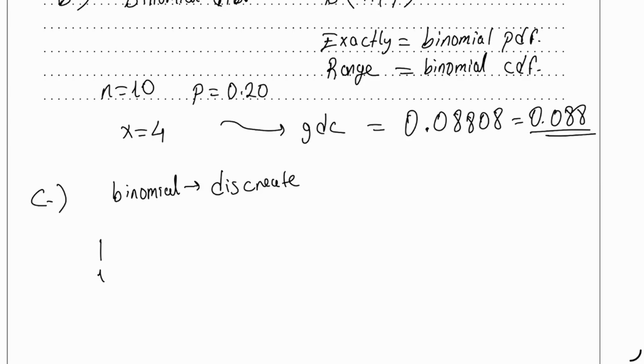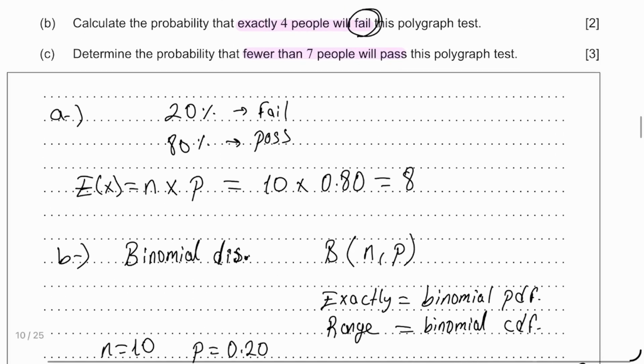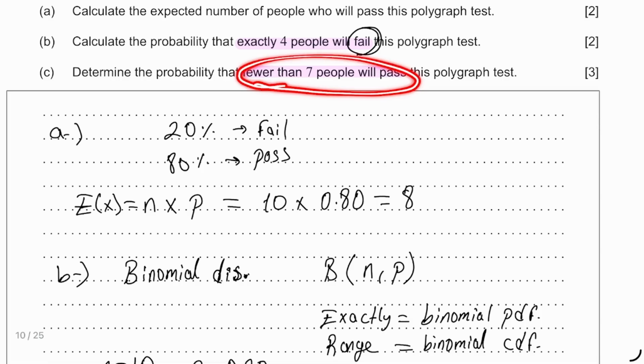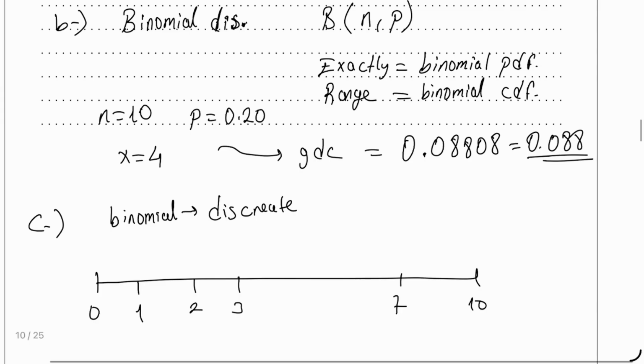You can start from 0, 1, 2, 3, up to 10. And 7 is somewhere here, and we don't have anything in between, right? These are discrete variables. And fewer than 7 people means a maximum of 6 people. We don't include 7, we include up to 6.